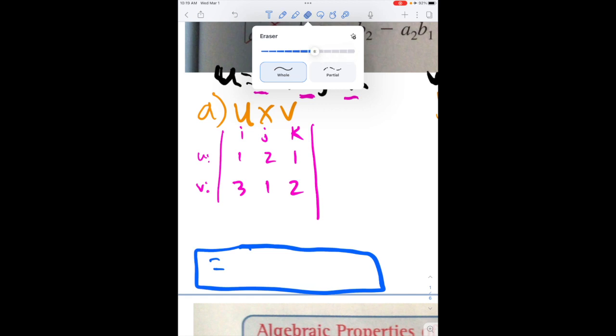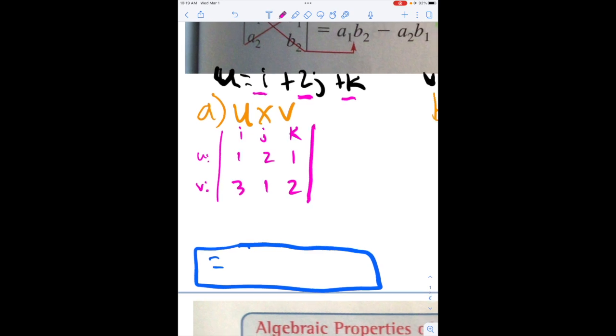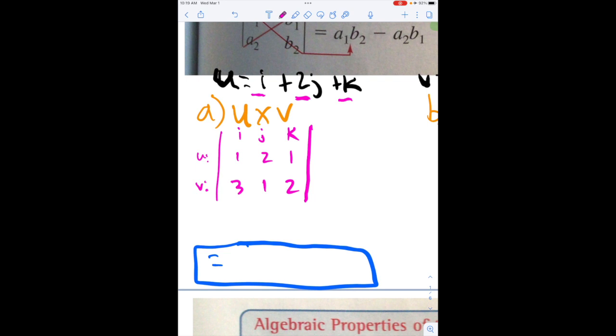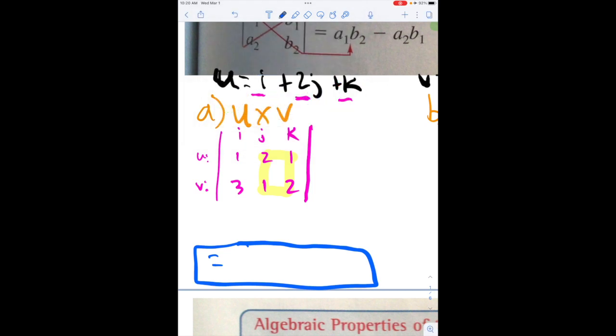Now I'm going to set up my cross product, like what we were looking at above, where we have to match them up. If I'm looking at column I, I know that I'm going to be using J and K. I'm going to be looking at these four, so it's going to equal 2, 1, 1, 2, and that's I. Make sure you use a minus here.